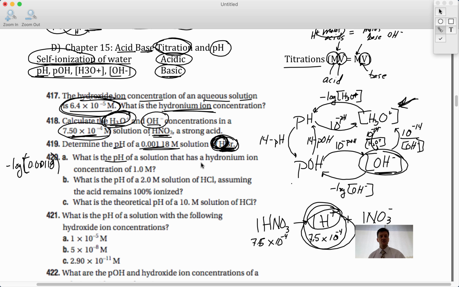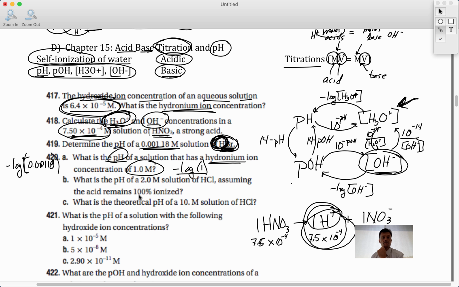What is the pH that has a hydronium ion concentration of 1? Hydronium, they're giving you this value, and they're telling you it's 1. The pH, you would take the negative log of 1. Hopefully that's a quick calculation for you.